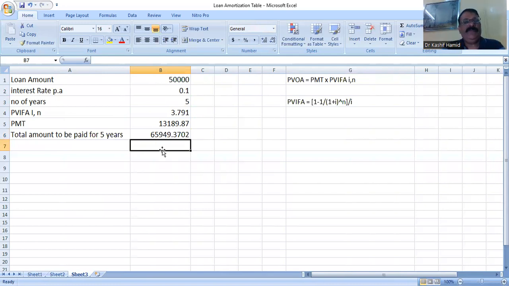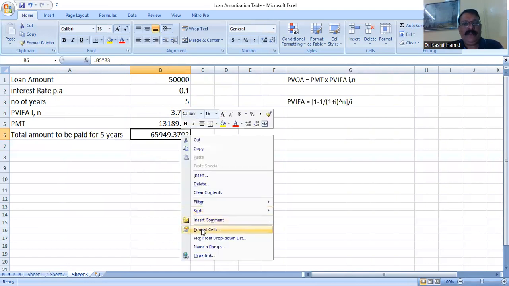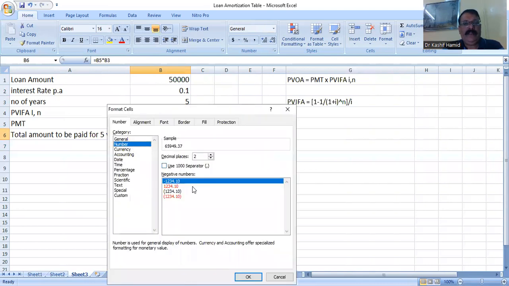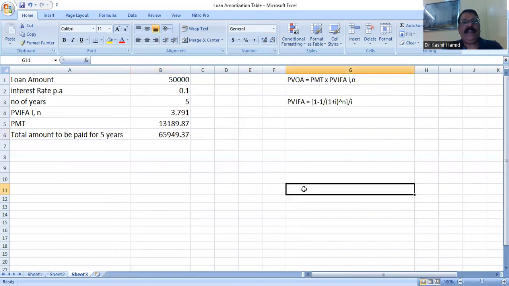So in aggregate, we are going to pay, up to 2 figures, 65,949.37.